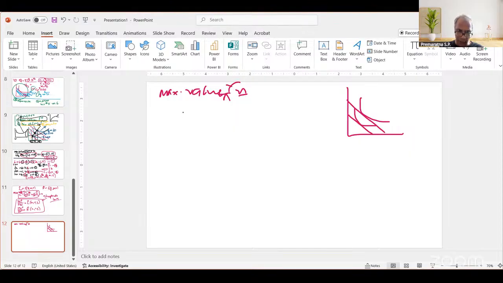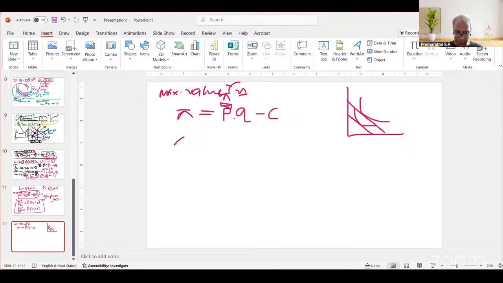Now, you know the profit is P Q minus C. P is given by the market.